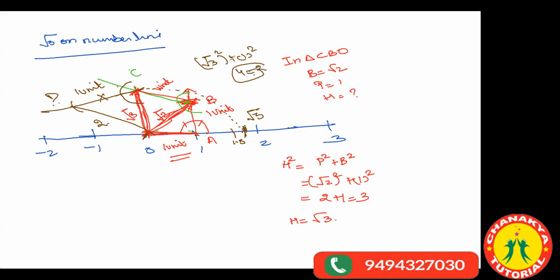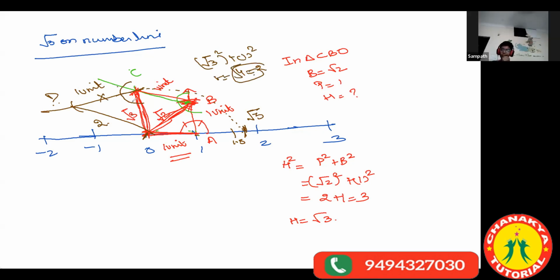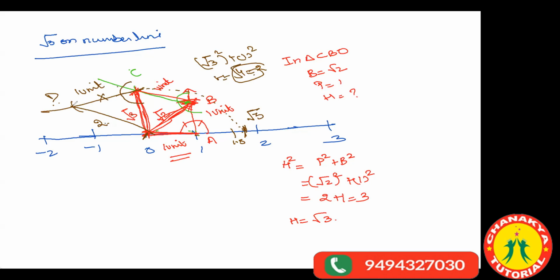Right? So this is the 2. Now again, at D point, you need to make a 90-degree angle. In this way, you will make a spiral. Now again draw a 90-degree angle like this. Now cut 1 unit line segment from here. Mark this point as E. Now join O to E. This will be root 5 now.